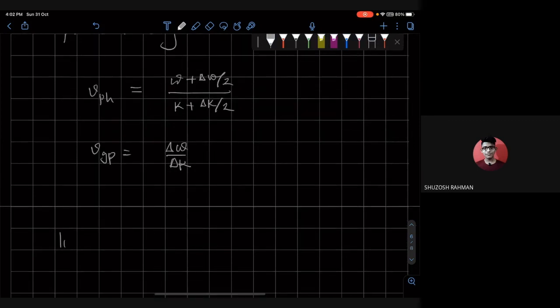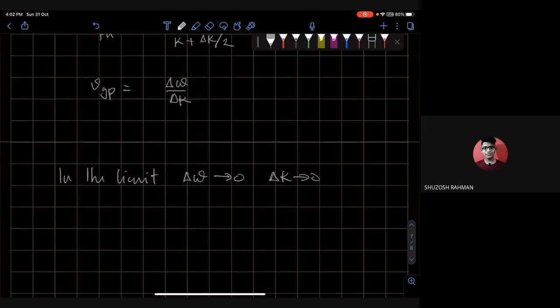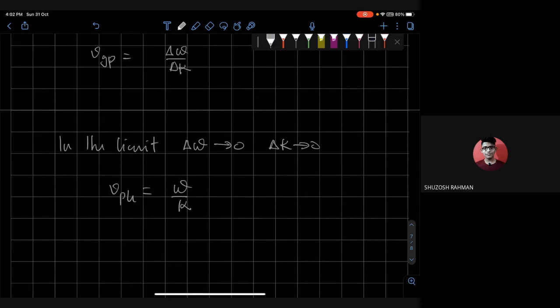Now, in the limit in which delta omega goes to 0 and delta k goes to 0, the phase velocity just becomes omega over k, which can be any old number, whereas the group velocity becomes d omega by d k.